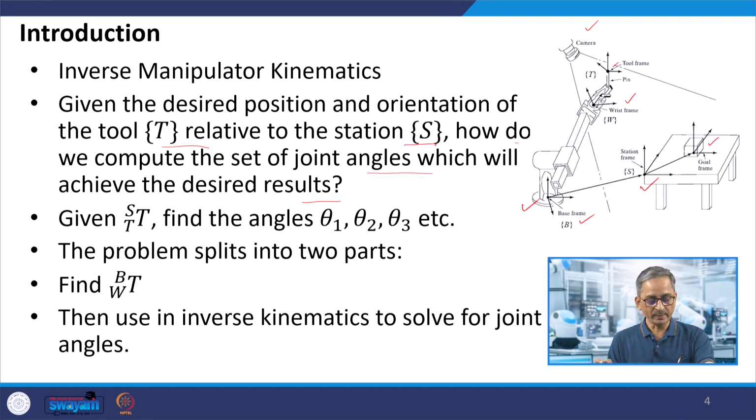I am given the tool frame description with respect to the station frame, and my job is to find the joint angles. This problem is split into two parts. First, we find the description of the wrist with respect to the base frame, and then we use inverse kinematics to solve for the joint angles.